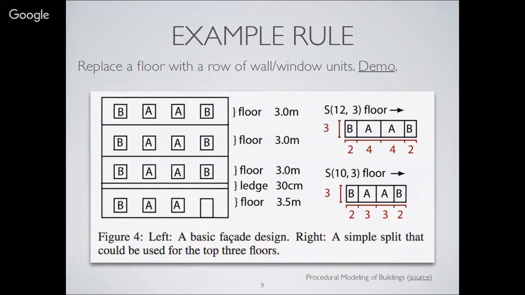So if I have a floor that is of width 10 and height 3, then I know that when I replace that floor with B, A, B windows, they have to sum up to the same size. So each of those window units will be of 3 height, they'll sum to 10, etc. So this is an example of how we can replace one unit with another.